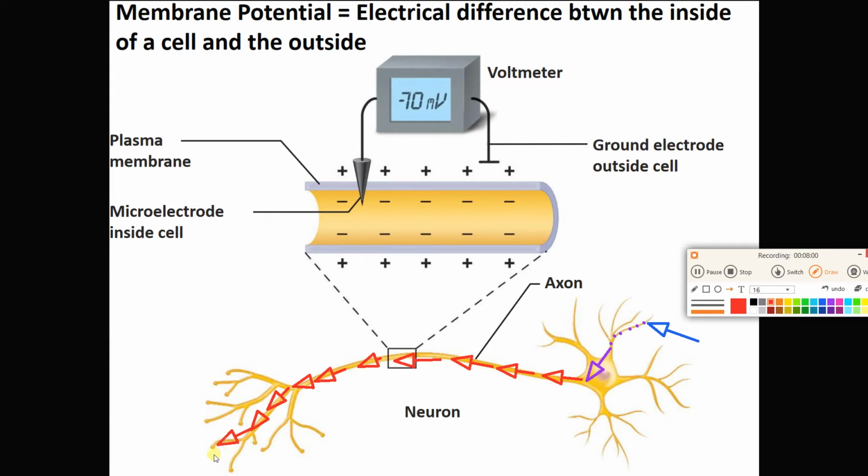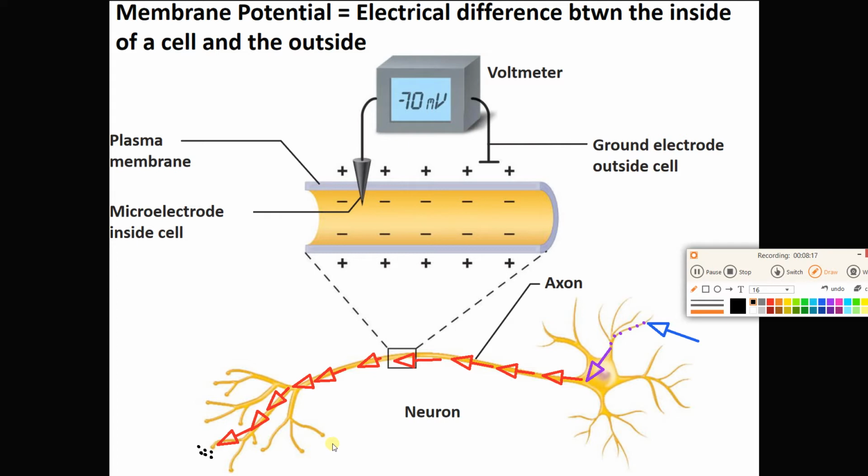And when that change finally gets to the end, our axon terminal releases neurotransmitters. There's my neurotransmitters right there.